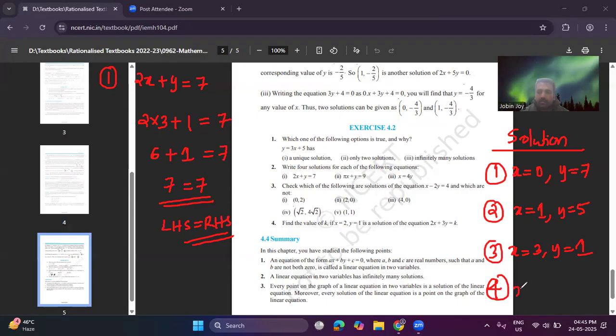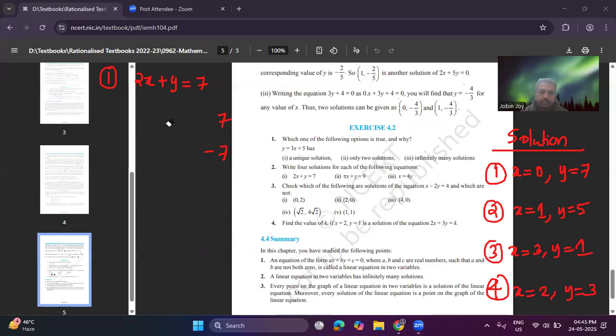So let's take another value, x equal to 2, y is equal to 3. So 2 into 2 plus y is 3 equal to 7. So 2 into 2, 4 plus 3 equal to 7. 4 plus 3 is what? 7.